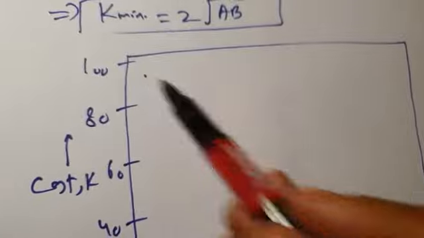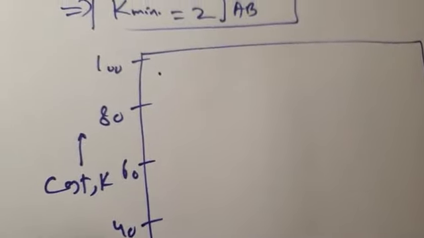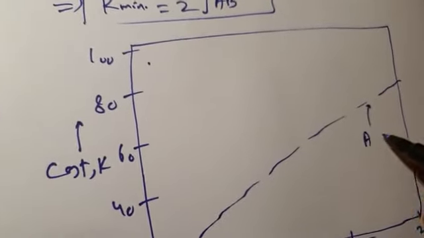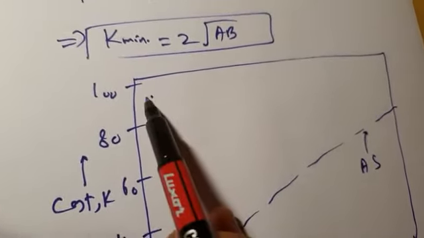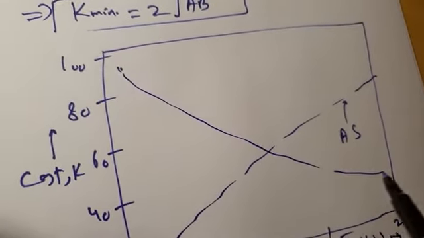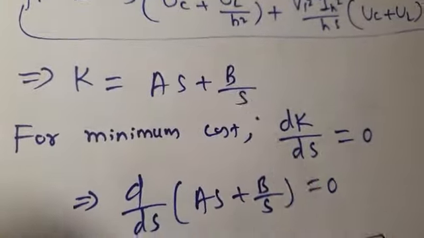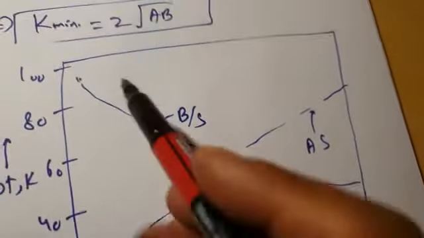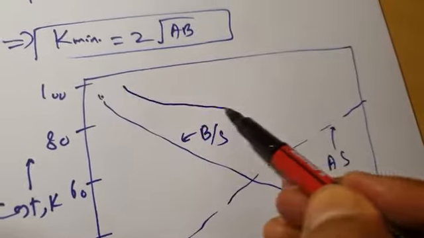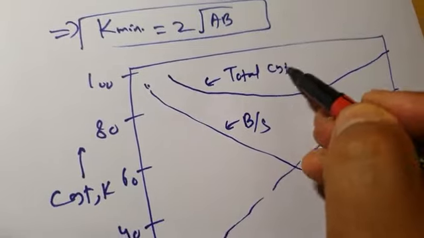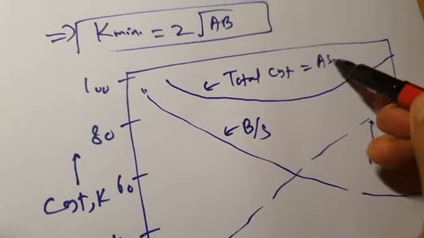This is the variation. This curve is AS, and this curve is B by S. Because what is total cost of filter? Total cost of filter is AS plus B by S. So therefore total cost is the sum of this curve plus this curve. If you add it, this is the total cost of filter. This is total cost, which is equal to AS plus B by S.